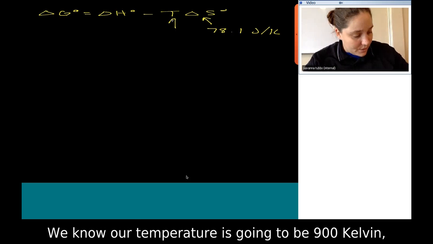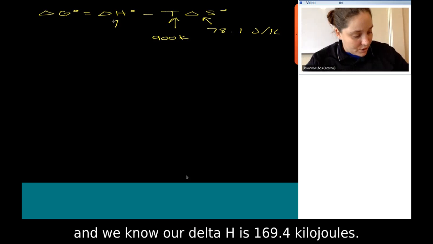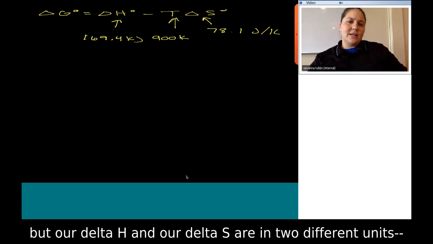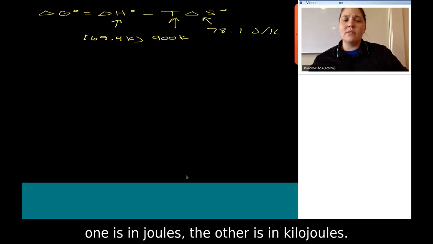We know our temperature is going to be 900 Kelvin, and we know our delta H is 169.4 kilojoules. So we know our Kelvins can end up getting canceled out, but our delta H and our delta S are in two different units. One is in joules, the other is in kilojoules.